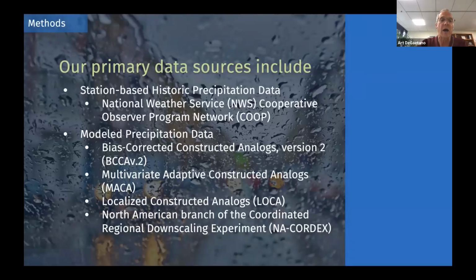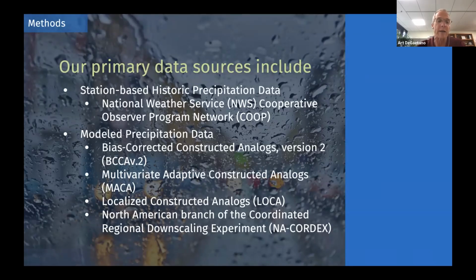So basically, our data came from two primary sources. The first one was station data. This is in situ observations, primarily from the NOAA Cooperative Observer Network. These are once daily reporting stations for rainfall. As we'll see, there's several thousand of these stations across the region, but we took a subset that had the best quality of data and data availability.